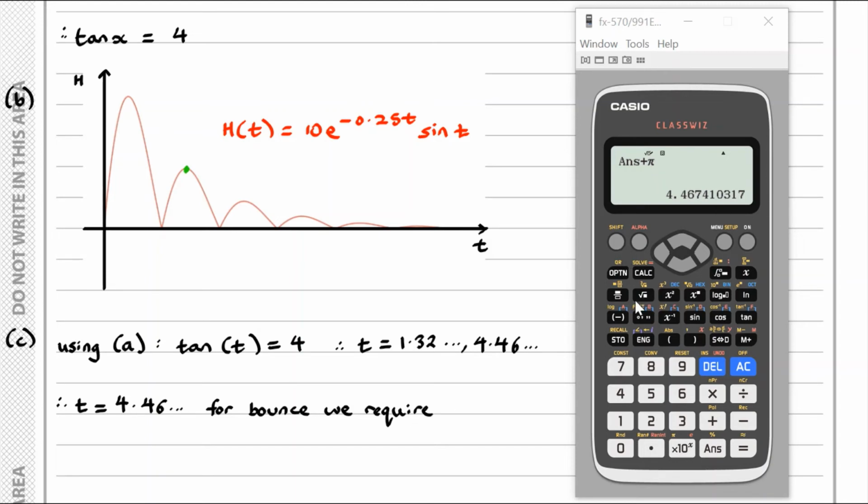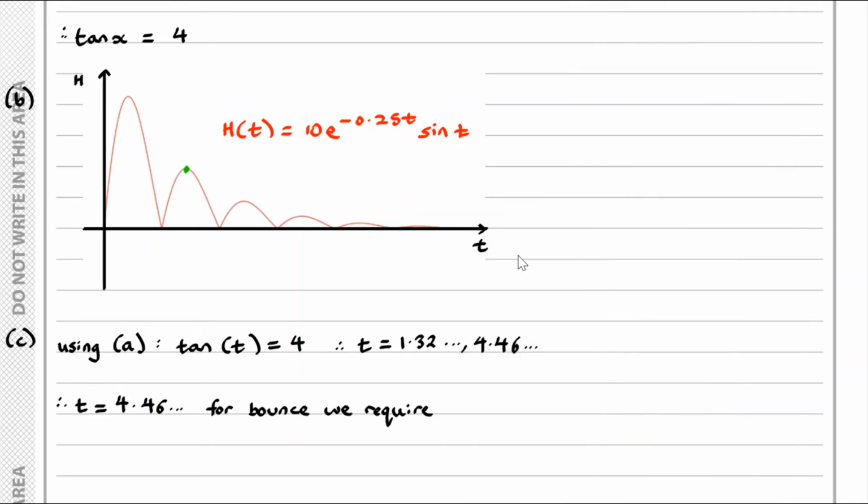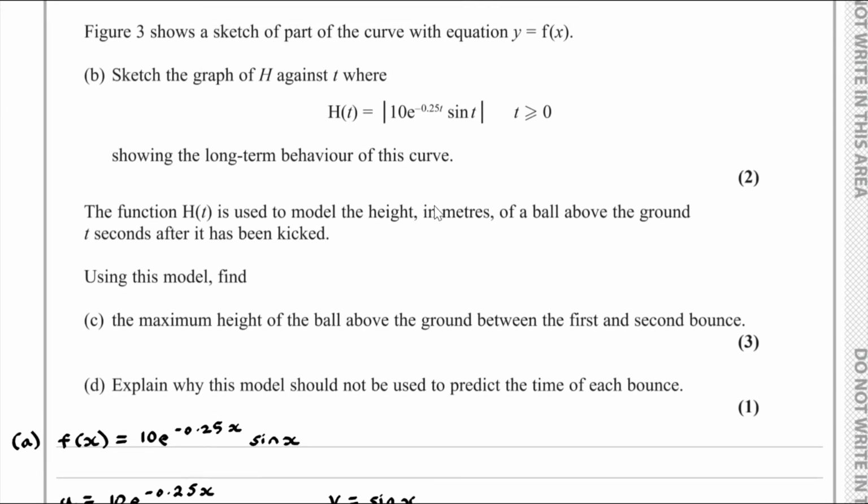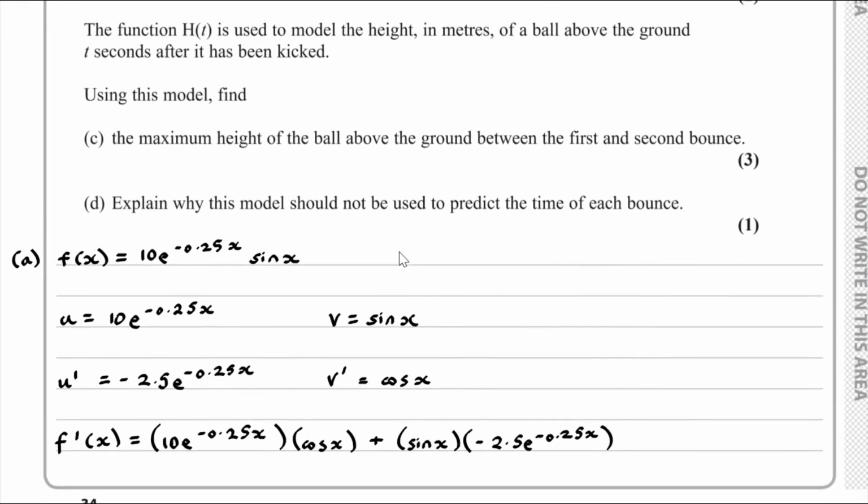Okay, so let's just add this in to our A. With that, if we're finding the maximum height, we'd have to use this function over here to find the maximum height.